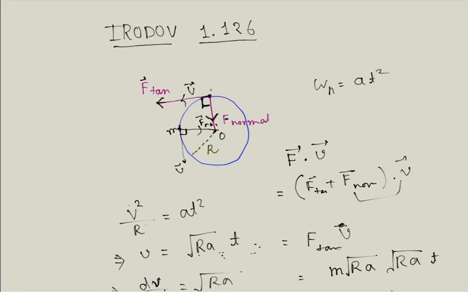So we can write the simple kinematics relations for the velocity, writing it in one-dimensional equation, like velocity at some time t is the initial velocity plus a t, where a is the tangential acceleration, and t is the time covered.